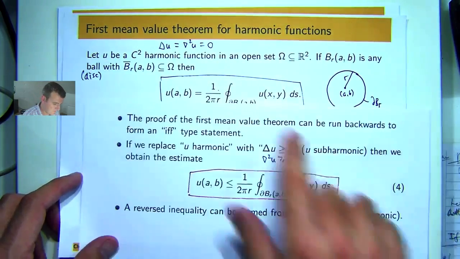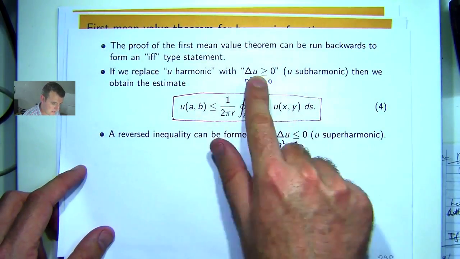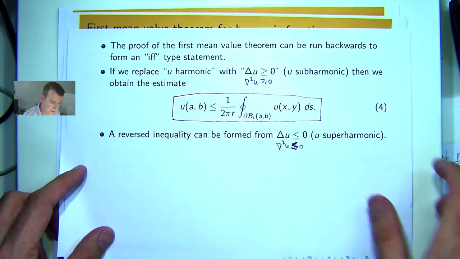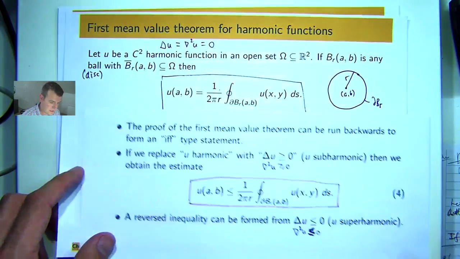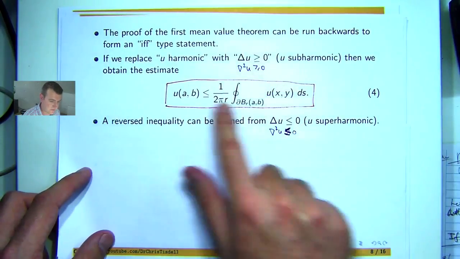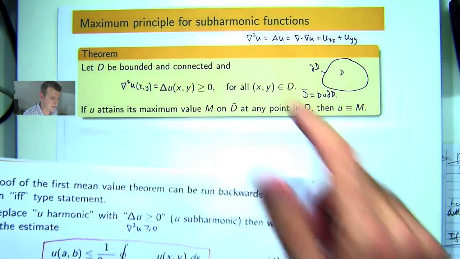And if you introduce a subharmonic function, then you can have an inequality in your conclusion as well. In fact, this is what we're going to use in the proof of our maximum principle result, because we're using a subharmonic function.